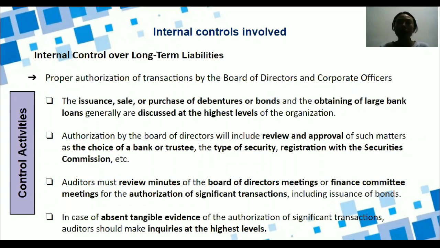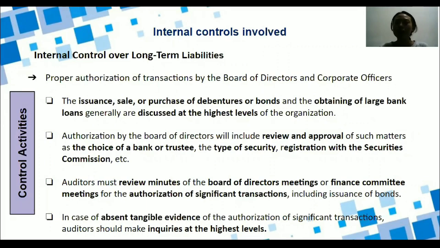As we normally know, long-term liability involves a high sum of liability. Also, the issuance, sale, and purchase of debentures or bonds, and if we want to obtain a large bank loan, it will be discussed by the highest level of the company.